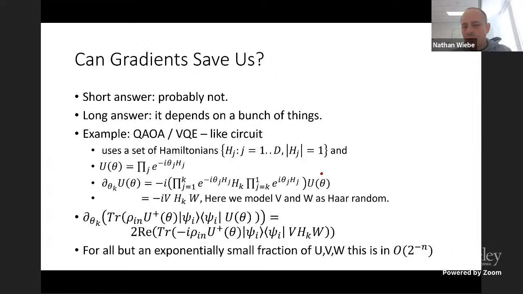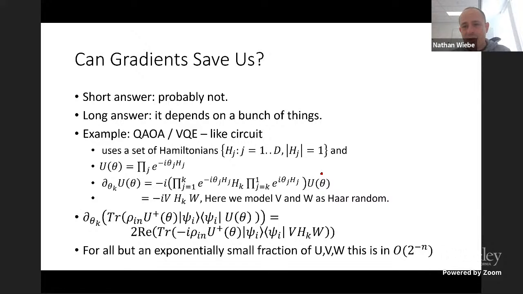And going through the Haar averaging leads to the result that for all but an exponentially small fraction of the parameters that we pick, the expectation value of our observable is exponentially small, or our gradient is exponentially small.